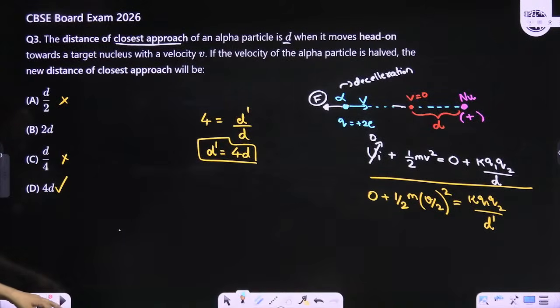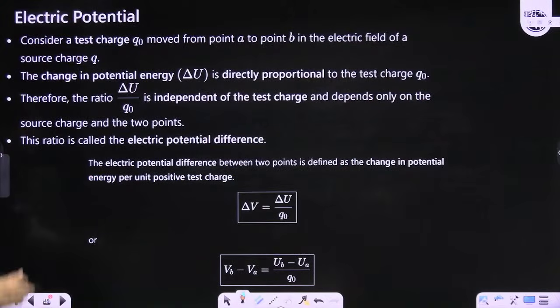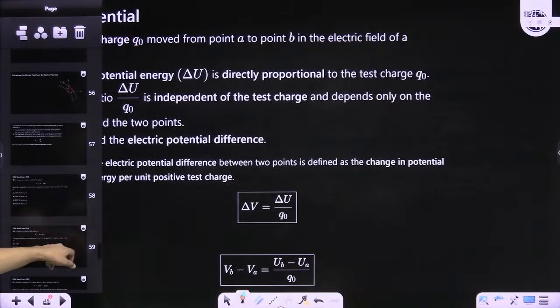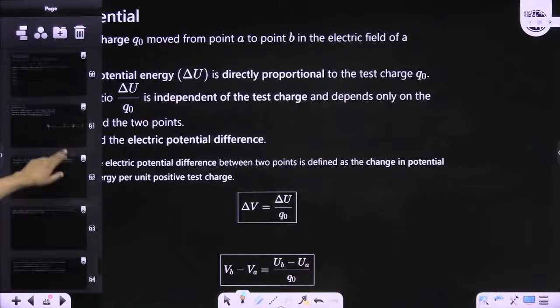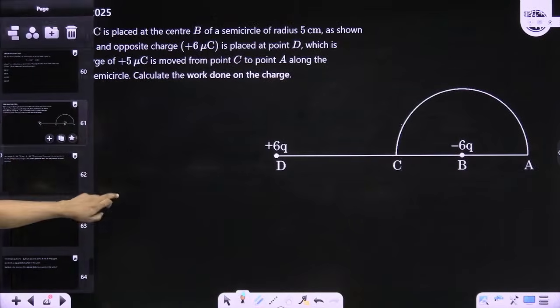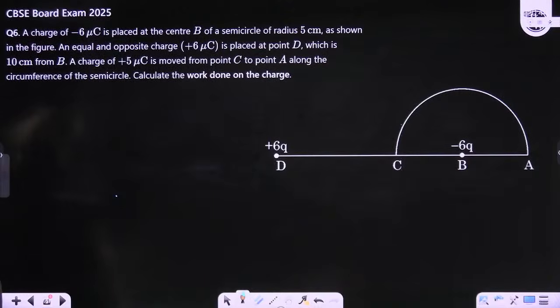Okay, so now let's do this question. CBSE 2025. A charge of -6 microcoulomb is placed at the center B of a semicircle of radius 5 centimeter.